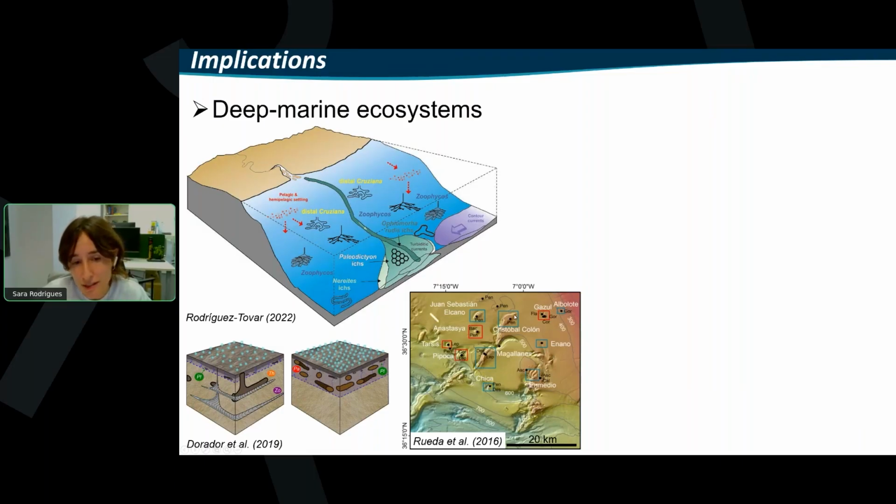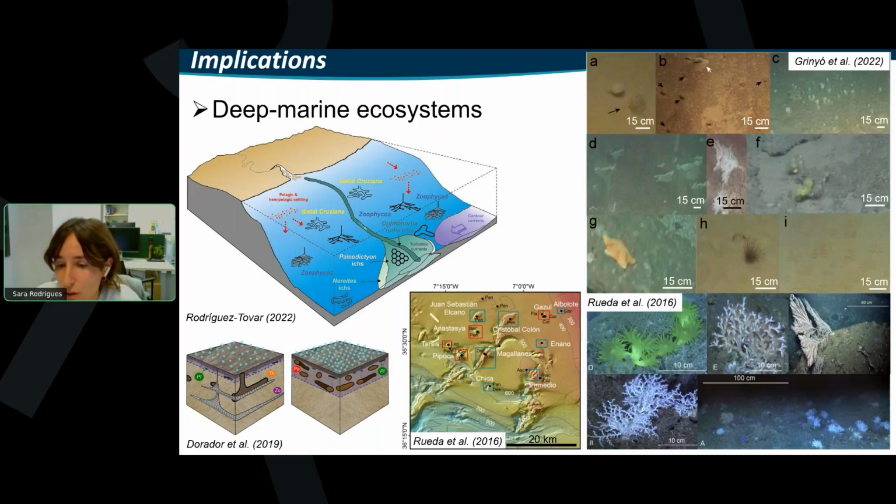For example, there was a case study done in the Gulf of Cadiz, where you have several ridges and even several mud volcanoes, where they studied the presence of macrofauna, so the different types of organisms that you can have in these systems. And they discovered that there were a lot of corals and even cold water corals being formed throughout these areas. Here we have some examples.